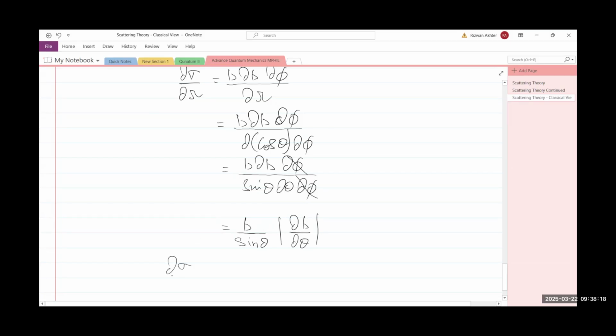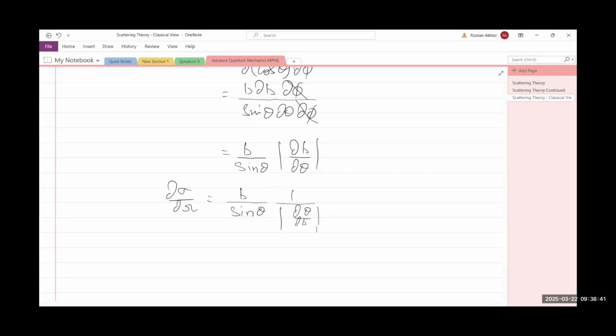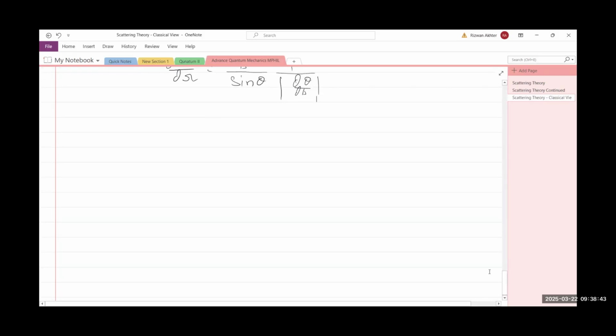और इसको हम यूँ भी लिख सकते हैं relationship को, यानी d sigma upon d omega that could be written as b upon sin theta, 1 upon mod of d theta over db. इसको absolute value में क्यों लिखा है? The absolute value is basically inserted here why?